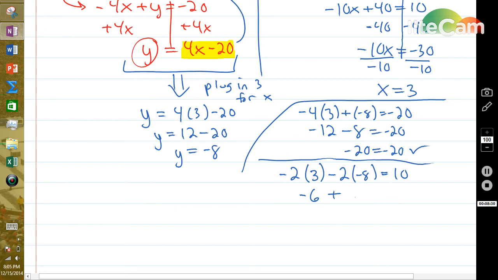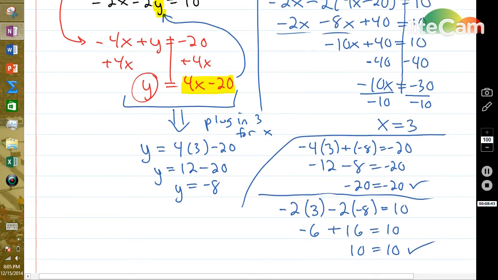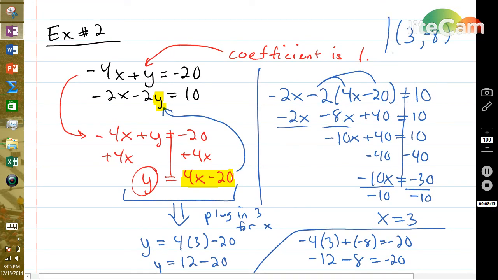You're going to have positive 16 when you do negative 2 times negative 8. And negative 6 plus 16 is going to be 10. So that equation also checks out. So my solution to the system is (3, negative 8). And remember, this really means that the two lines cross, or intersect, at this point.